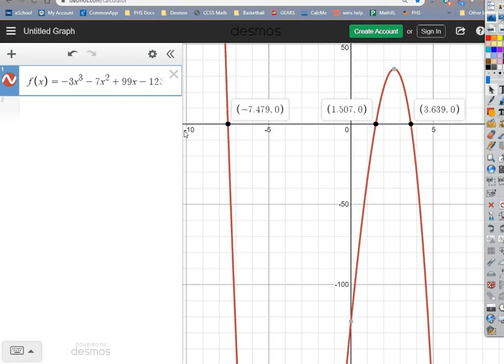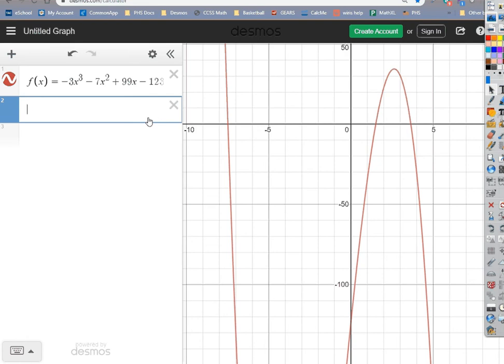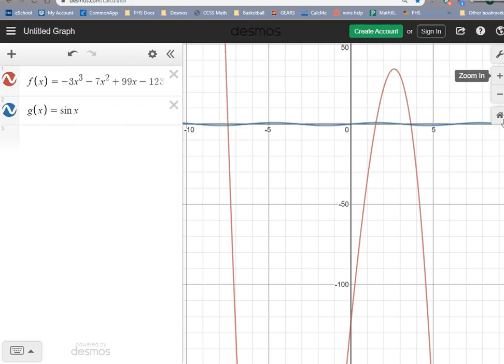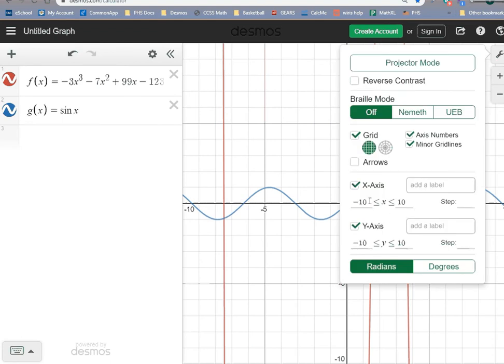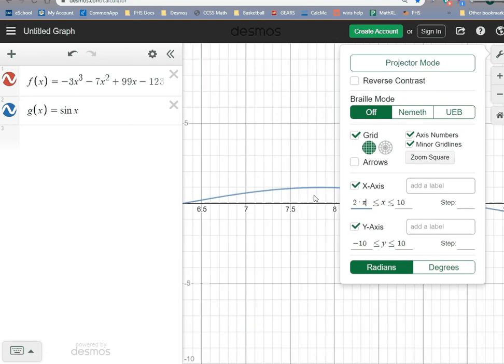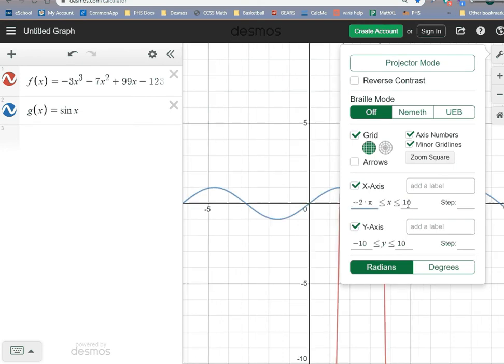So what if we wanted to make a new function here? If I go into here on the x-axis and I go from like negative 2 times pi to 2 times pi, it's still going to give me decimals for the points on the curve.